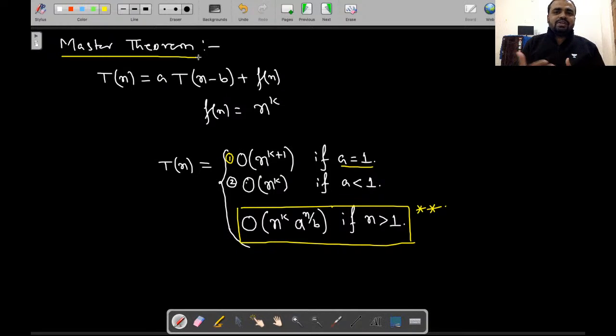And I have also given you the proof of how the master theorem is applied and why it derived that particular formula. I have given you a logical proof of how each derivation of the master theorem came about. So if you start from the beginning, you would be able to know each and everything.